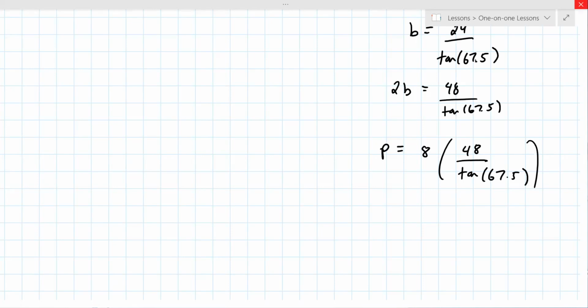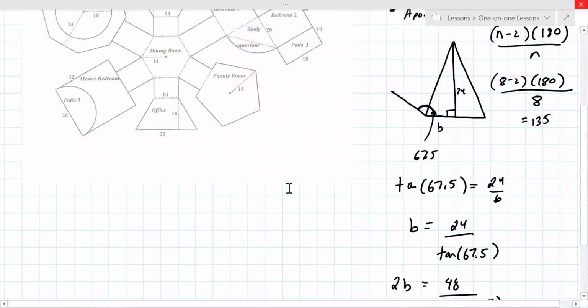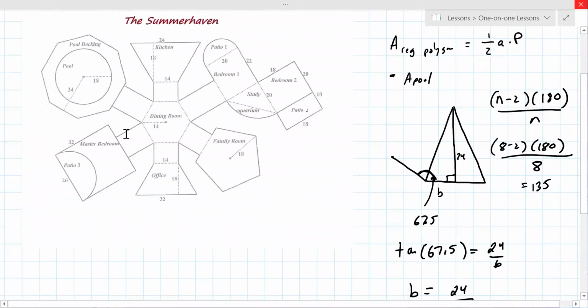Okay, so I get 891 feet squared for that. Is that okay?